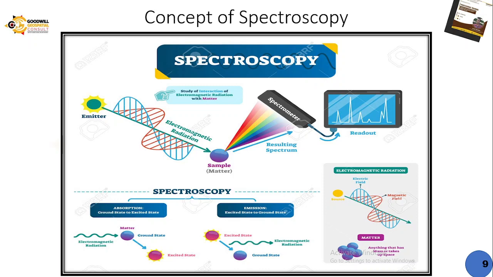You need energy to excite the atom for its electrons to move from the ground state to the excited state. When the electron is in the ground state, the orbital is close to the nucleus and there is lots and lots of attraction. So how do I get these electrons from the ground state to the excited state? I have to bombard it with energy. So that's what it does.